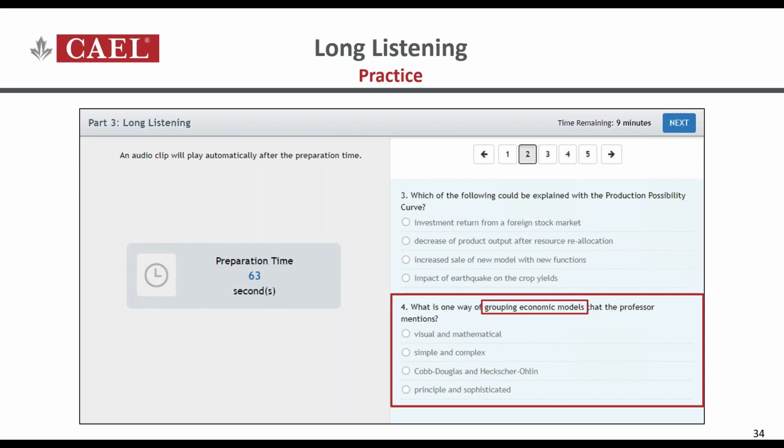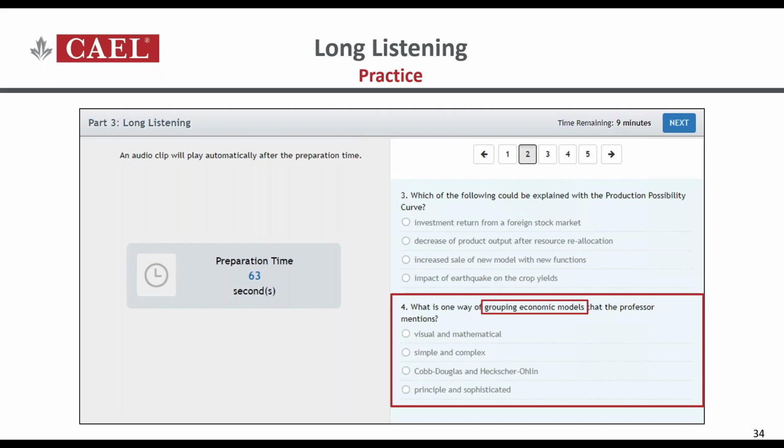Depending on the perspective you take, economic models can be grouped in various ways. For instance, just from the way that the models are presented, we can distinguish between visual models and mathematical models. Mathematical models include optimization problems where consumers try to maximize utility subject to their budget constraints.